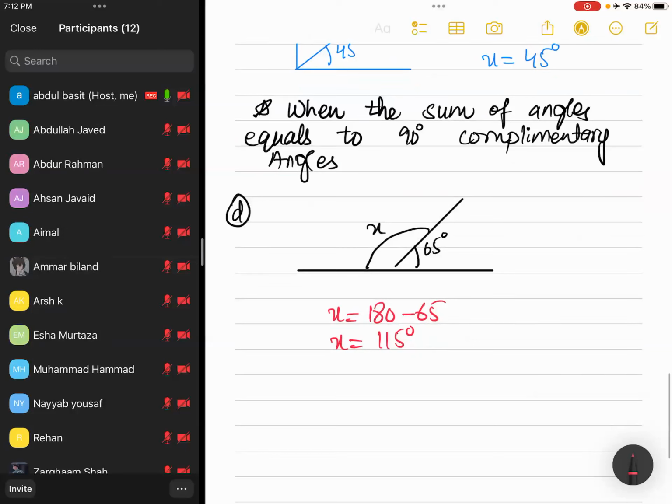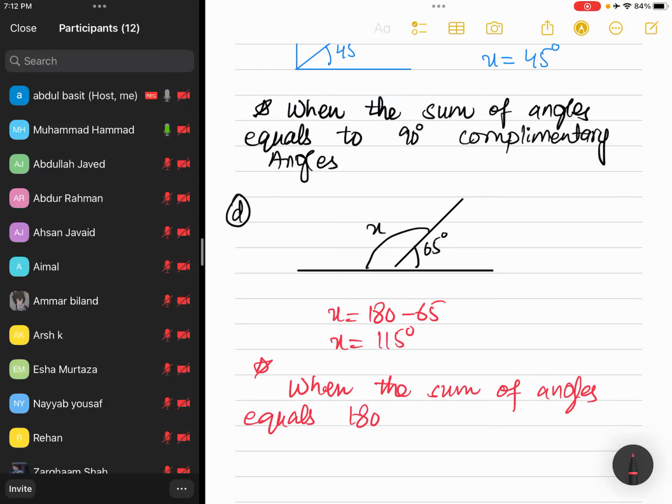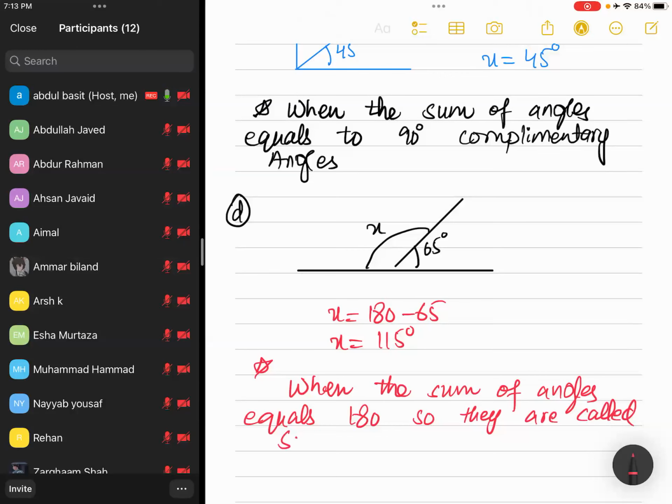So I can write a fact here: when the sum of angles equals 180, they are called supplementary angles.